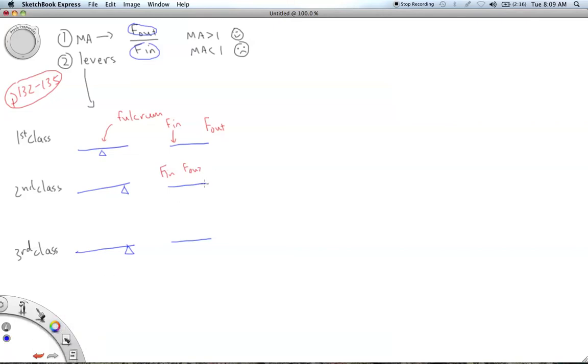Okay? And the output force is actually more in the middle here. And when you get to the third class levers, the relationship here is the input force is actually in the middle, and the output force is actually on one end. Okay. So if I actually want to draw those fulcrums in, one of the fulcrums in the middle here, it's on either end right here.